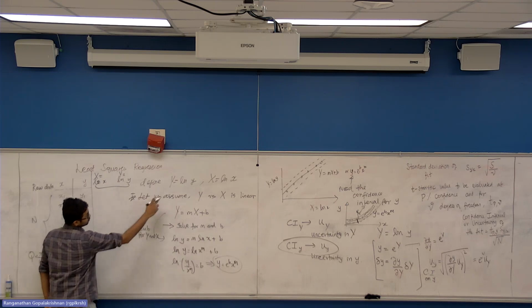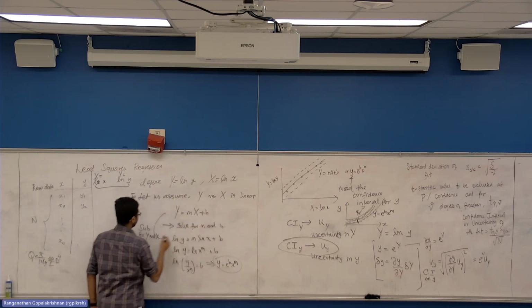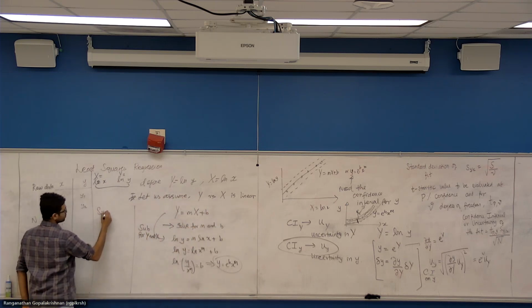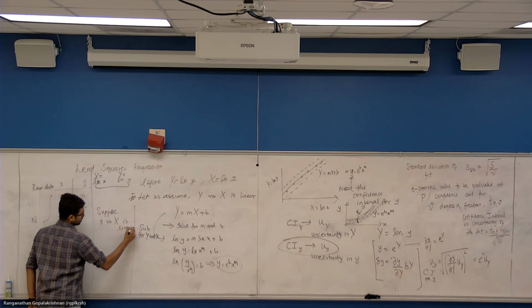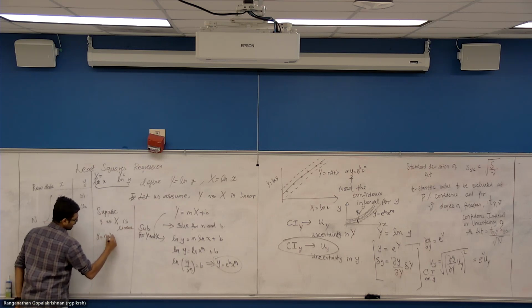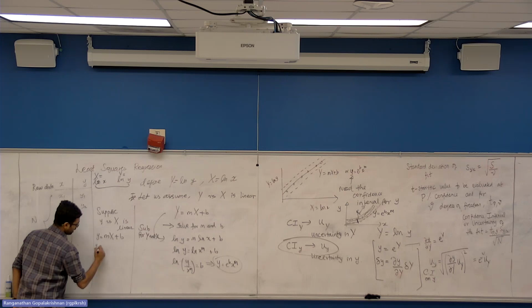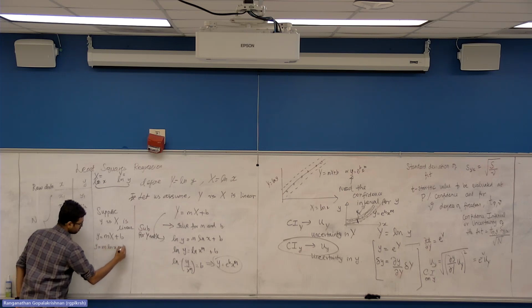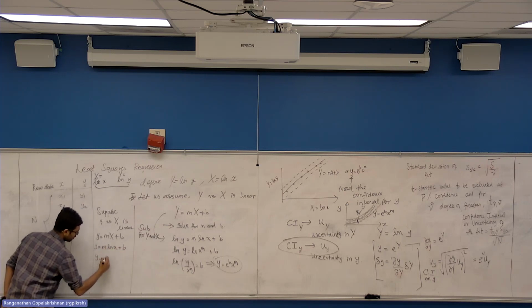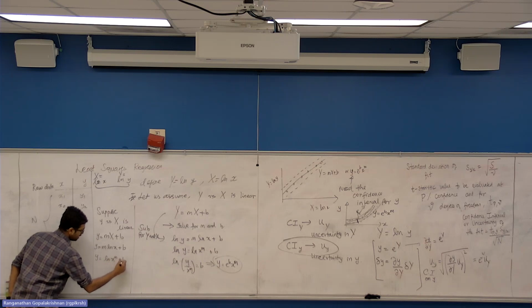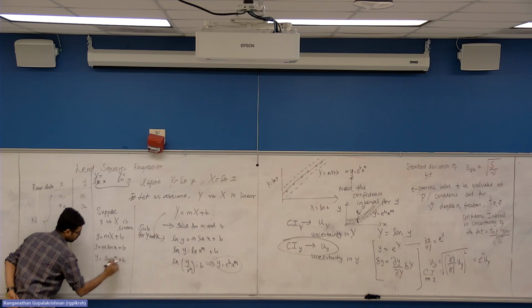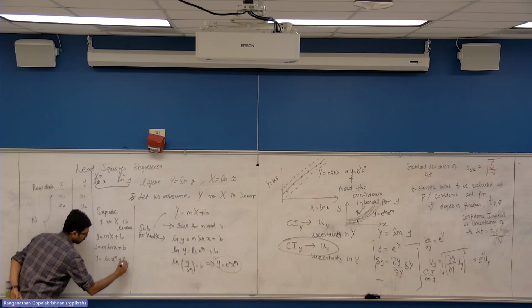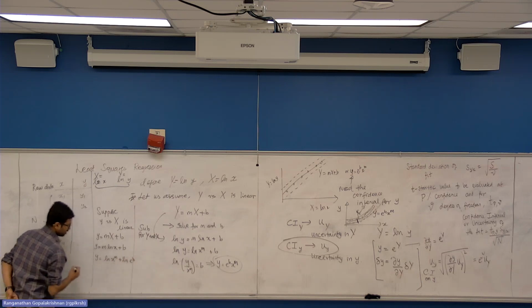Now, this is when y versus x is linear. Suppose y versus x is linear. That is y equal to mx plus b, or y equal to m ln x plus b. This is y equal to ln of x to the power m plus b, or you can write this as, so this is ln of e to the power b, right?